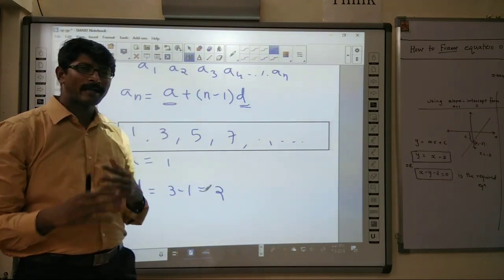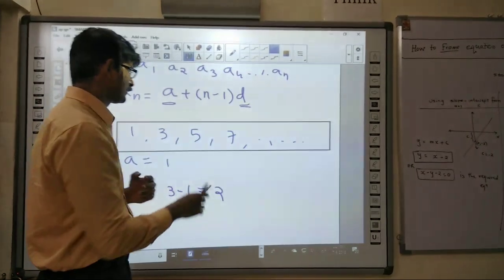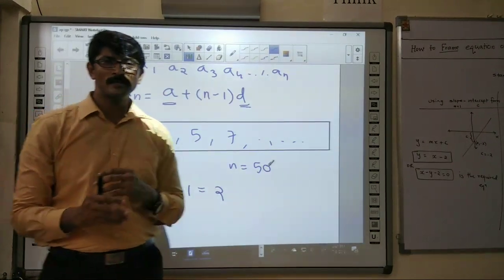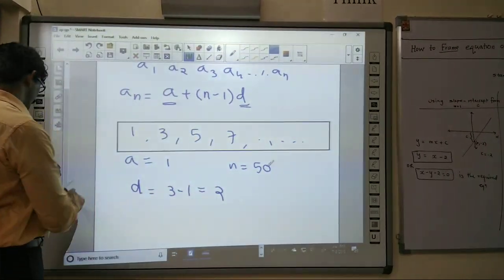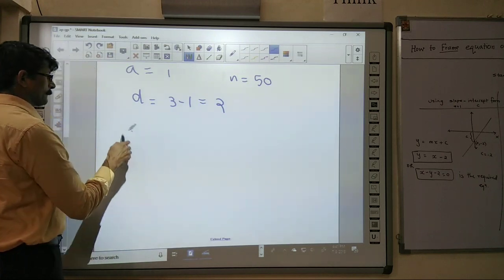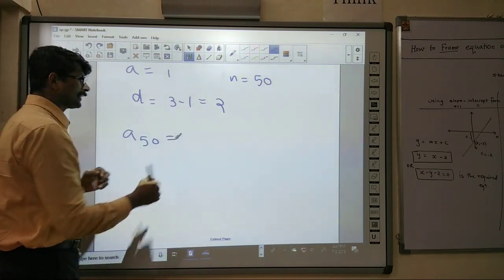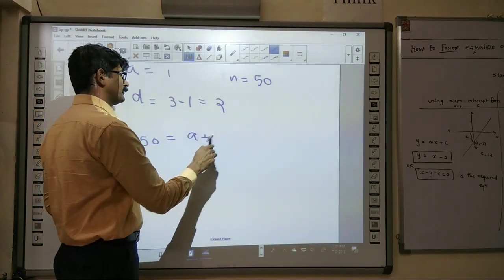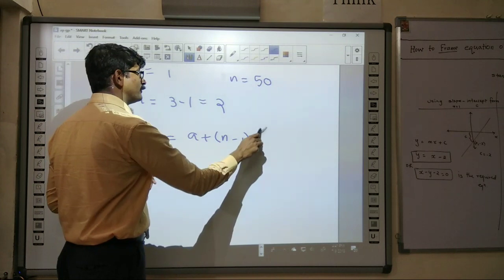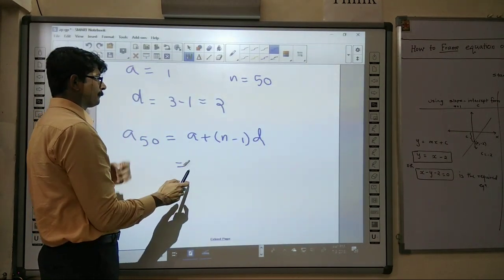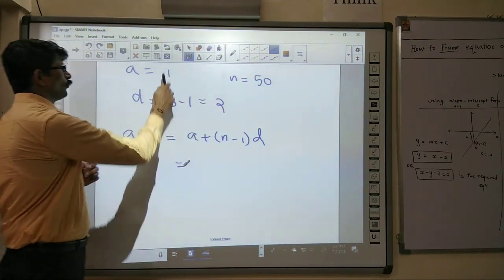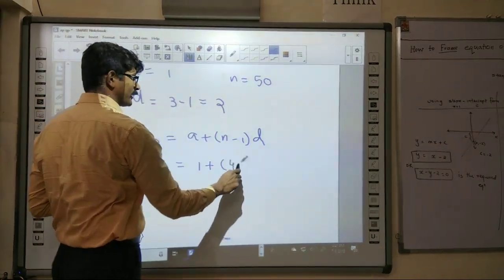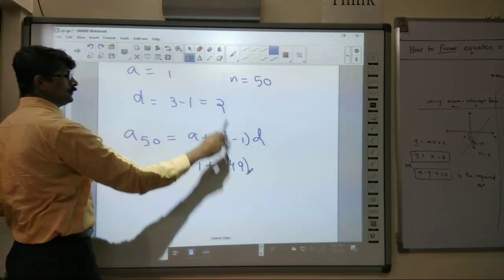In case we calculate the 50th term, n would be 50. And how will you find A50? It's simple. A50 would be, we write the formula, A plus n minus 1 into D. So A is 1, plus n is 50, 50 minus 1, that is 49, into D. D is 2.